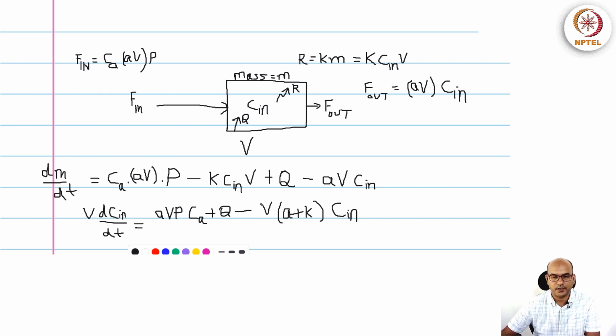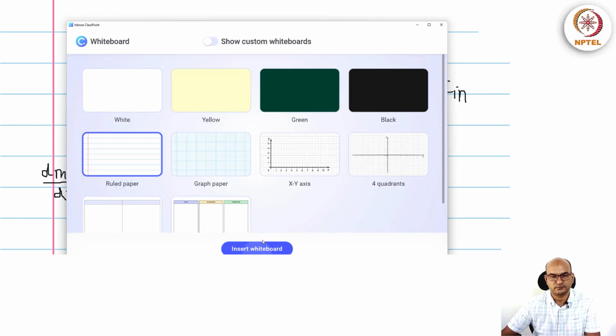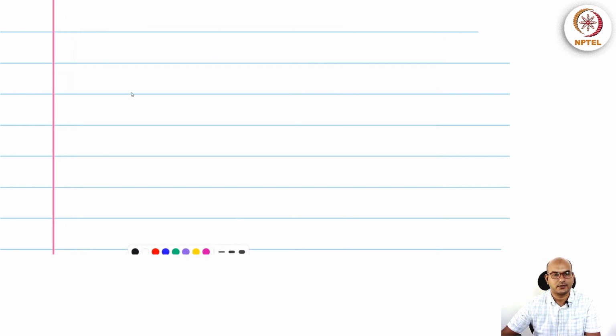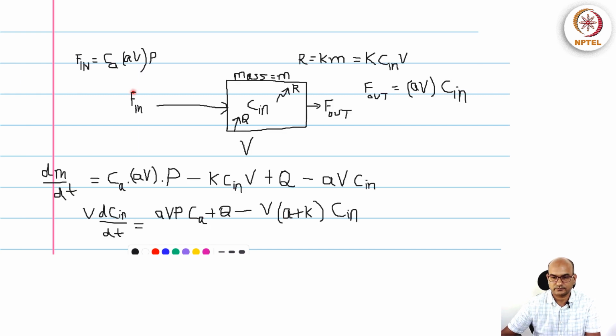So now if we again rewrite this equation to get an expression for C in, we are going to bring the C in this side and this side.